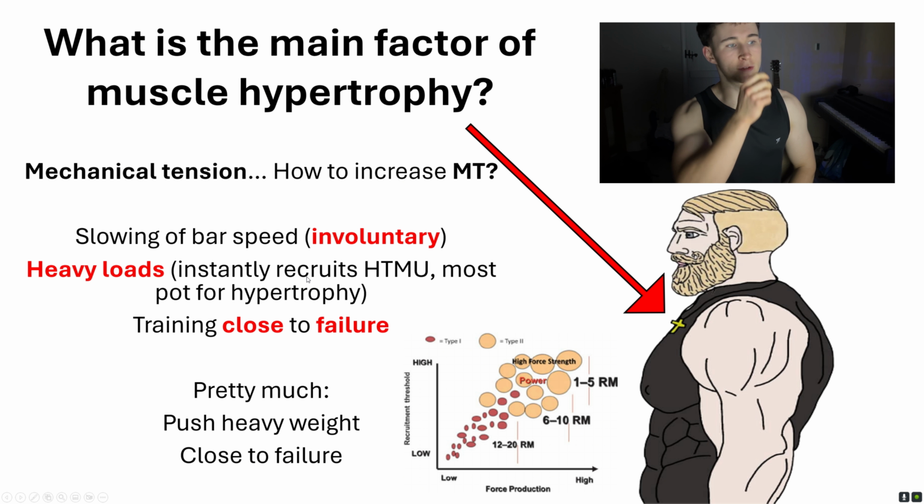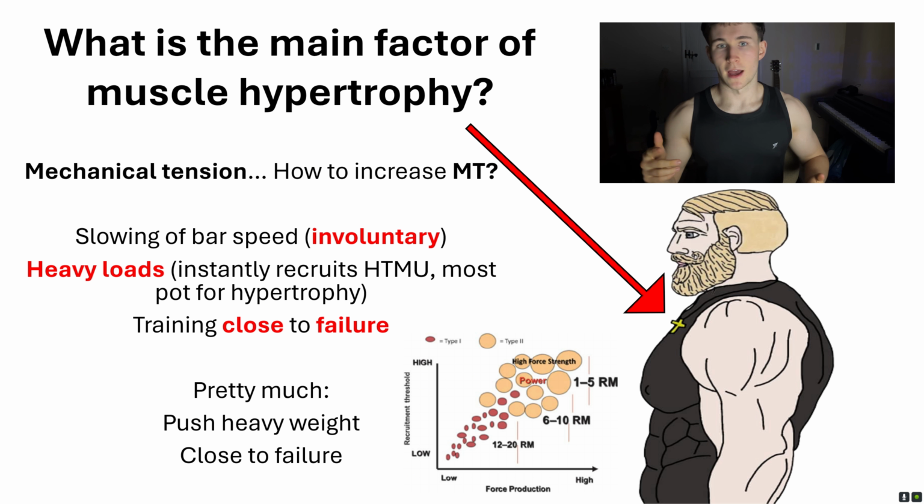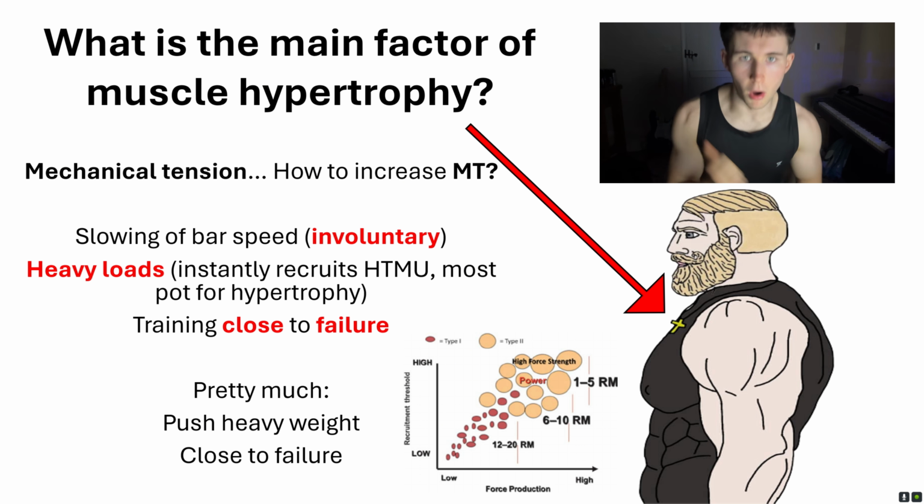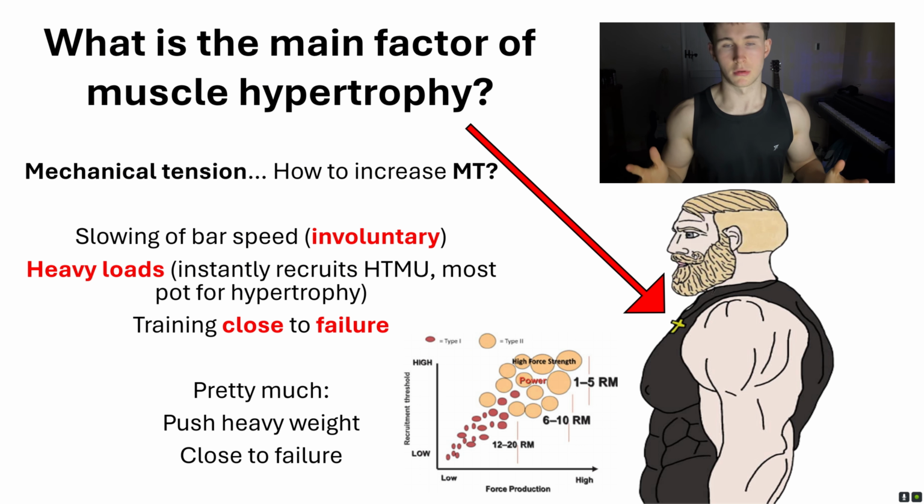That is why you use heavy loads, and training close to failure. Training close to failure increases the perception of effort, which again goes to motor units. More motor units, more muscle involved, more hypertrophy. So pretty much push heavy weight and close to failure.